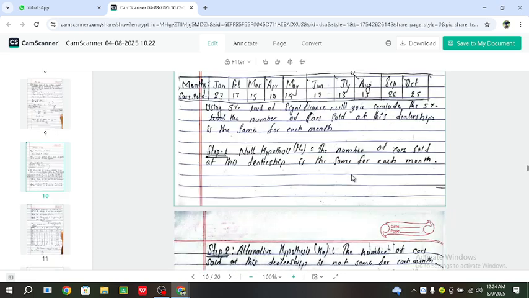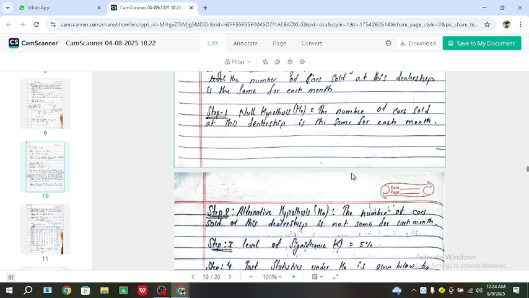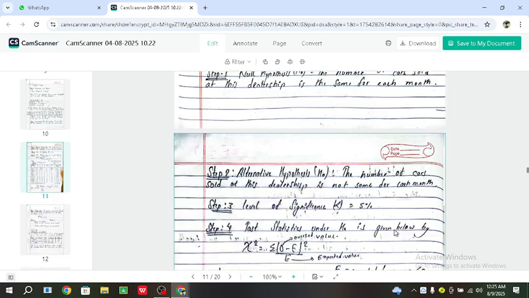Z test and t test are a little bit different. Just this gives the positive sentence and this gives the negative sentence. The number of cars sold at this dealership is the same for each month, but here it is not the same for each month: the number of cars sold at this dealership is not the same for each month.